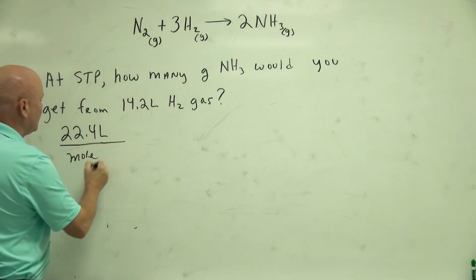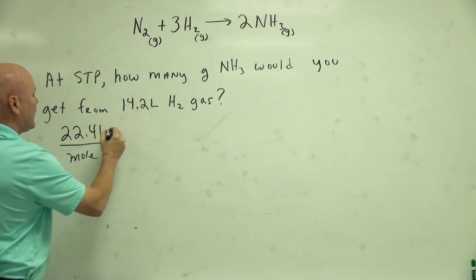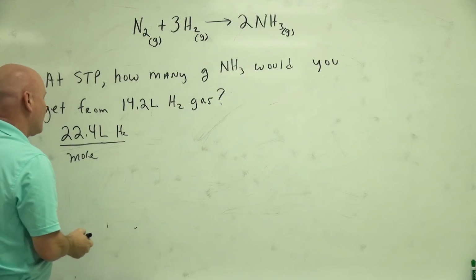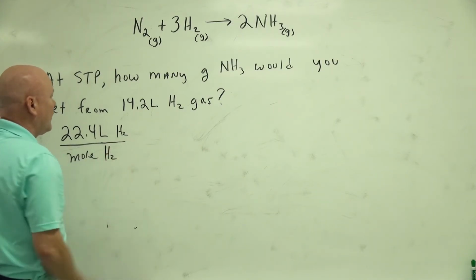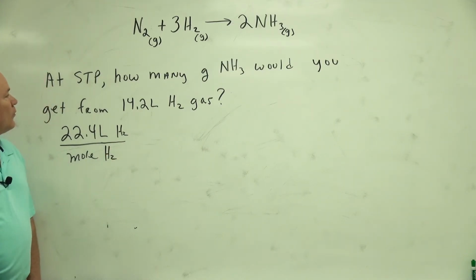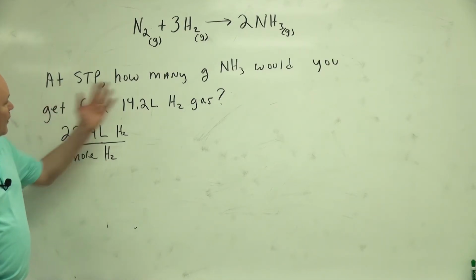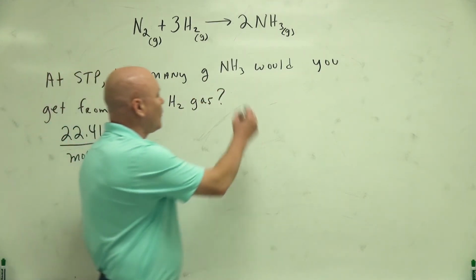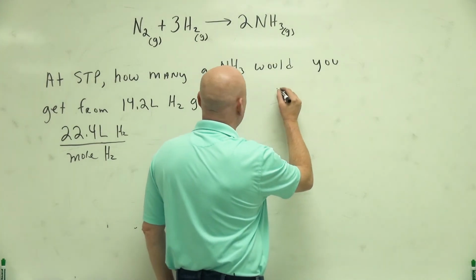And so this is liters of hydrogen gas. It's because this is the one that is in liters, and I know I'm going to need it. Now, anywhere where we see grams, I'm going to need the molar mass. And the only thing that I see that has grams on it is the grams NH3. So I'm going to need the molar mass of ammonia, NH3.